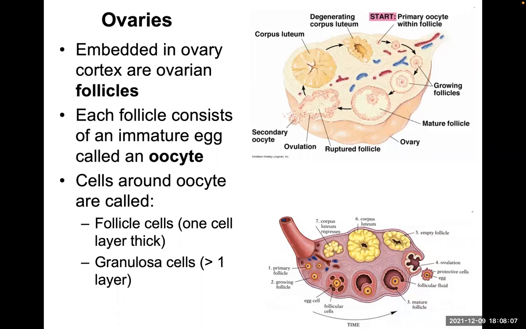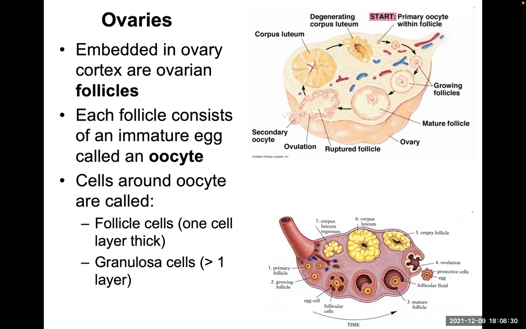And the follicle is made of cells called follicular cells when there's just one layer of them and they're flattened. The only time you see just one cell layer of follicular cells around the oocyte is when the oocytes are found in what are called primordial follicles.